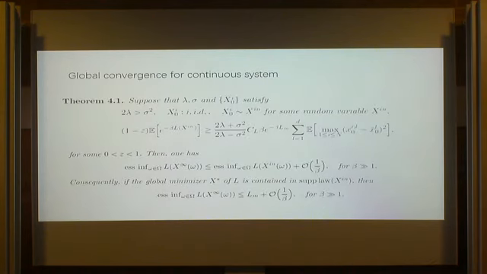You also need some condition on the initial data, which basically means that, of the n particles, some particles need to be in the valley where the global minimum sits. That's what this condition means. Then we can show this limit is bounded by the global minimum plus 1 over beta.